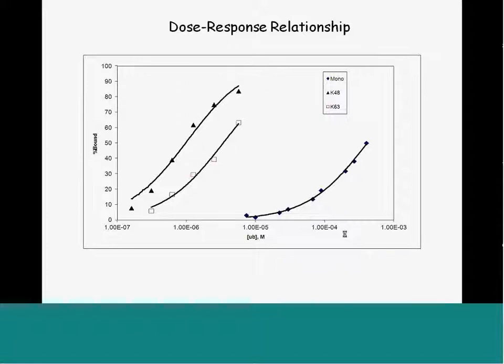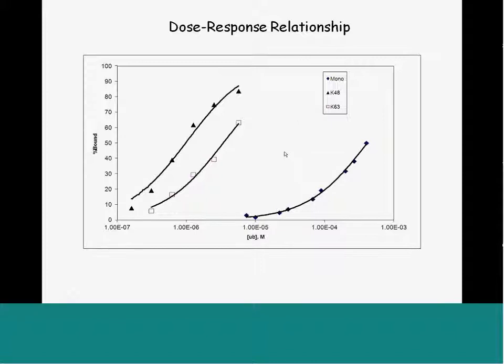But we can do this over multiple experiments and generate very nice data. And this is an example of some of our experiments with mono-ubiquitin and with K48 and K63 ubiquitin, percent maximum binding.